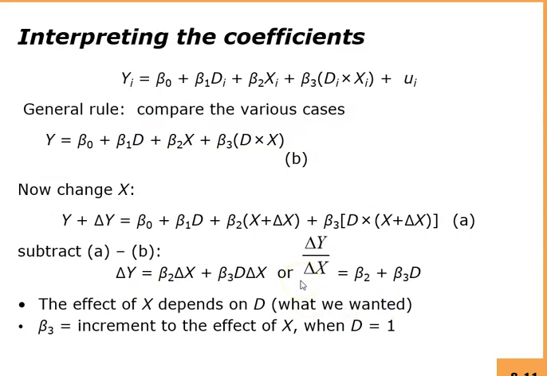So let's see how we can actually interpret the coefficient in the scenario when one of the variables is a continuous variable and the other variable is a binary variable. Once again, you have to compare two different scenarios with each other. The first scenario is that you are basically estimating the value of y for a specific value of d and also a specific value of x.